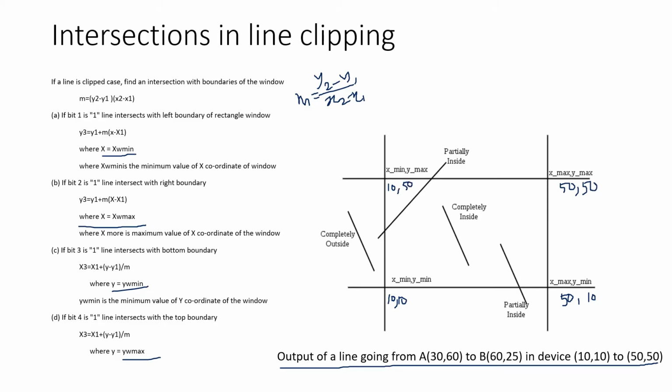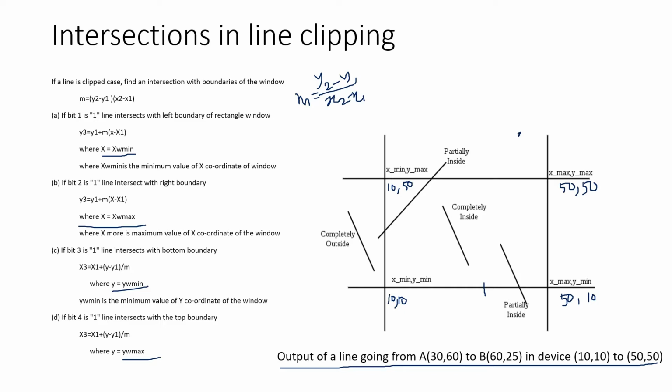Okay, first of all, now we have to understand what the current position of the line is. It is going from 30 comma 60 to 60 comma 25. So 30 means towards the x position it is lying somewhere over here. Okay, so 30 is over here, and 60 might be somewhere here.